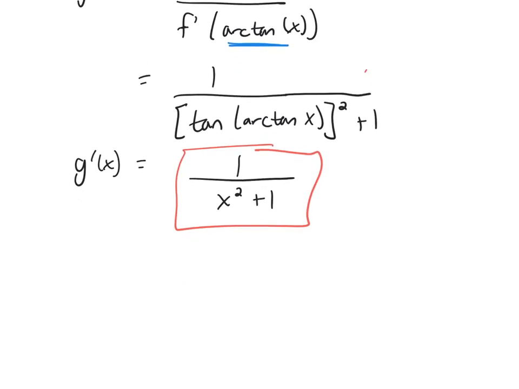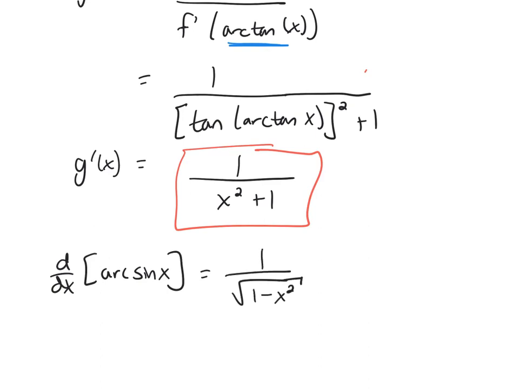So you can do something similar to find the derivatives of the other inverse trig functions, but I'm just going to state them all here. The derivative of arcsine is 1 over the square root of 1 minus x squared.